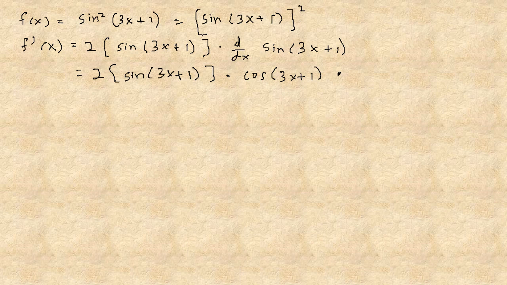Differentiate 3x plus 1, we get 3. So the answer is 6 multiplied by sine 3x plus 1 multiplied by cos 3x plus 1.